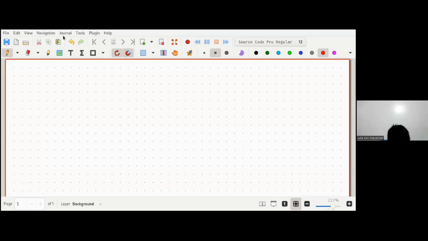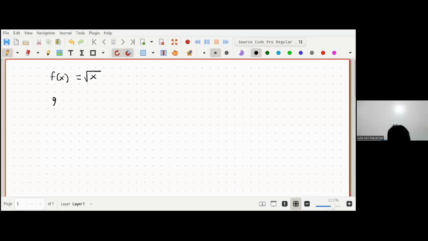Okay, so let's look at the function f of x is equal to square root, f circle g.